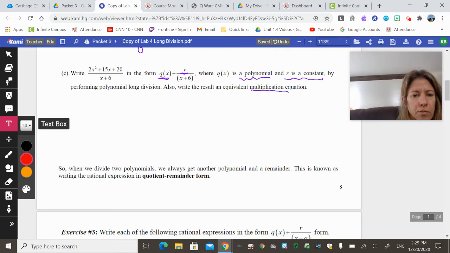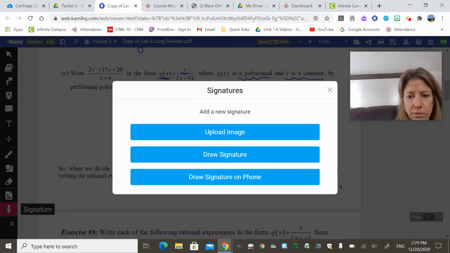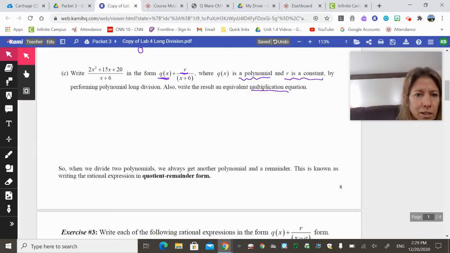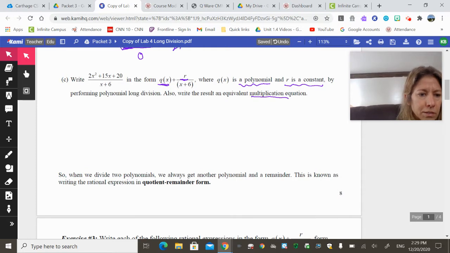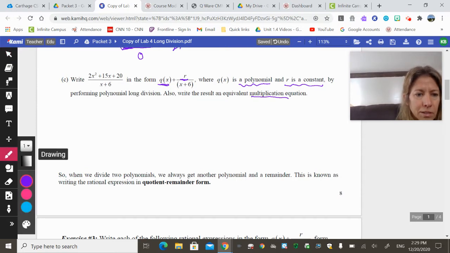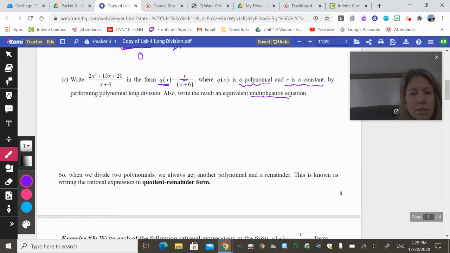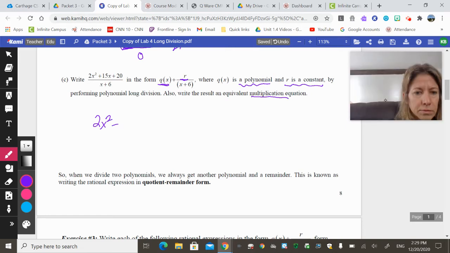Oh, I guess I have to use a pen. Okay. 2x squared plus 15x plus 20, and I'm going to divide by x plus 6.